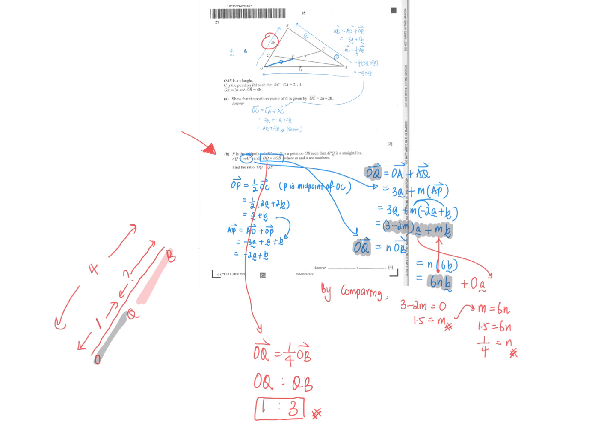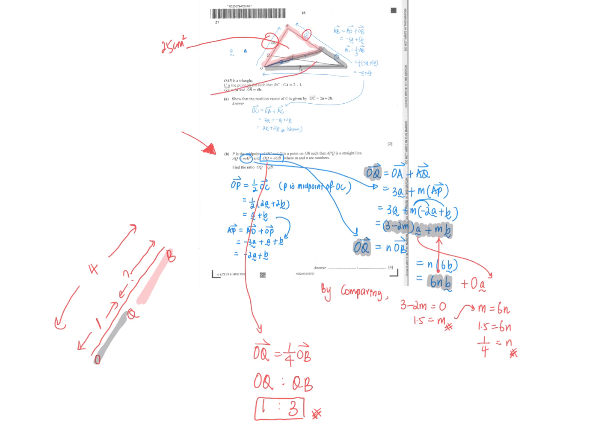Okay, next one. This one we haven't done. OBC is 25. They ask you to find which one? Okay, so OAC is this one. So it's triangles with common height. The ratio of the area is just the ratio of the base. So this one is 25, for 2 units.